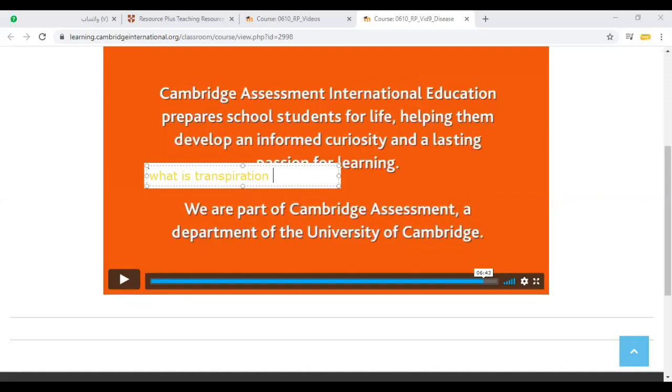Who knows what is transpiration? Okay. The students? The loss of water in the form of water vapor? Transpiration, this one. Number 1? Okay, my students.